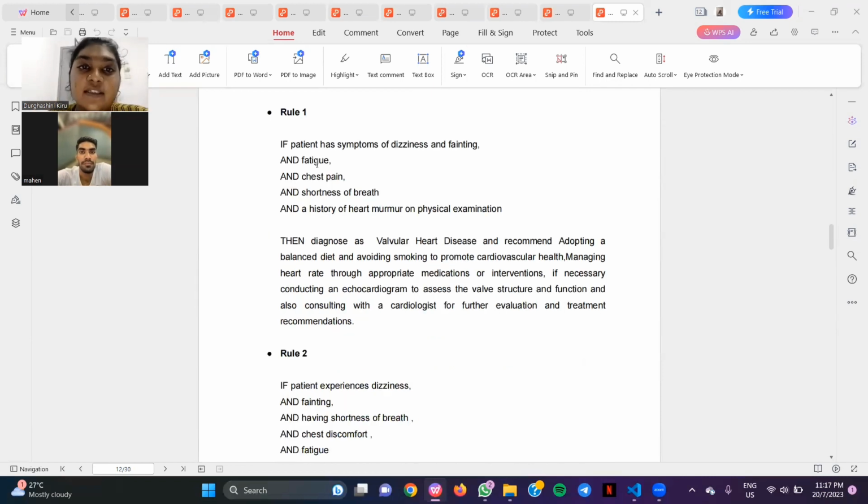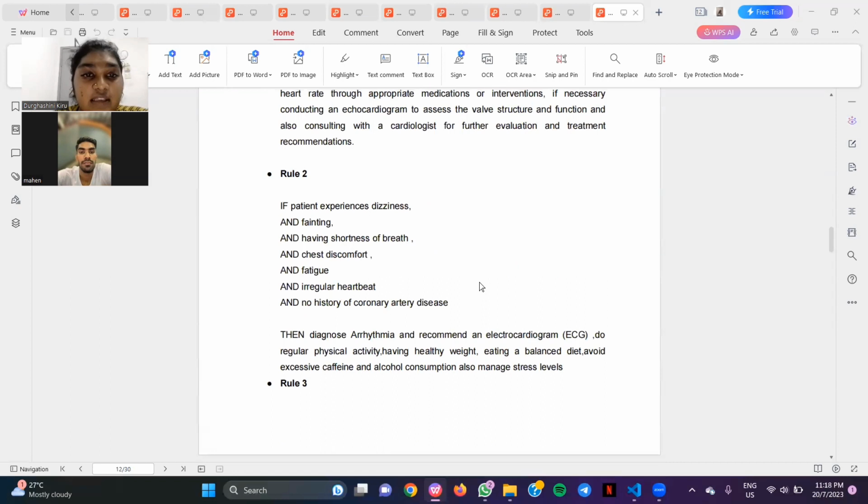If the patient has the symptoms of dizziness or fainting, fatigue, chest pain, and shortness of breath, and also has a history of heart murmur on physical examination, then it is diagnosed as valvular heart disease, and we recommend adopting a balanced diet, avoiding smoking to promote cardiovascular health, and managing the heart rate through appropriate medication and intervention if necessary.